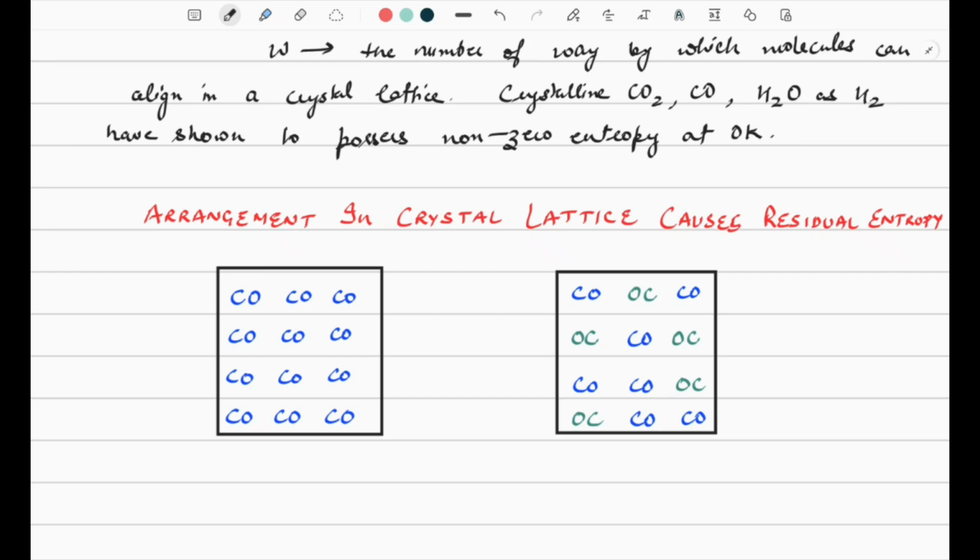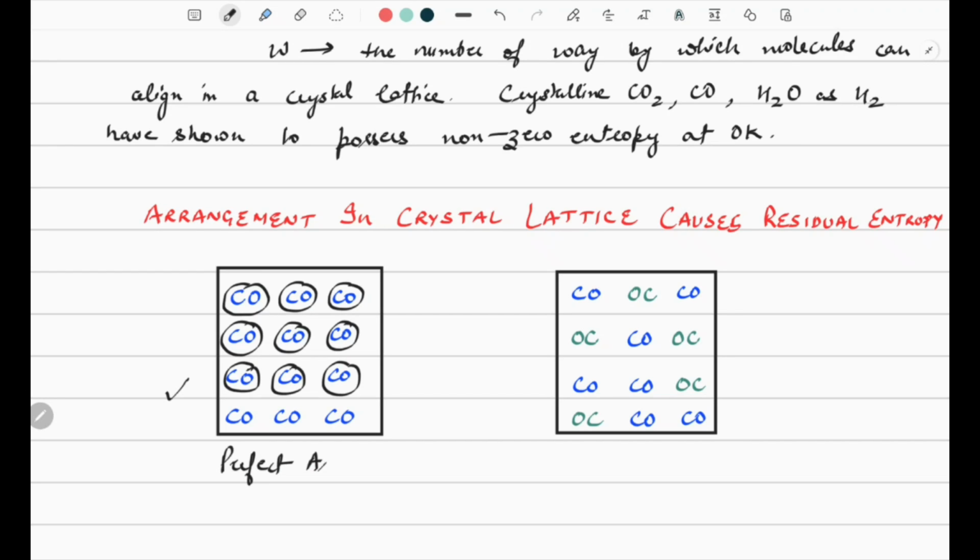To explain this, consider these two systems. In the first system, all carbon monoxide molecules are perfectly arranged with respect to each other. That means there is a perfect arrangement, whereas you can clearly see that in the second sample, green and blue colored molecules, they are in different arrangements.